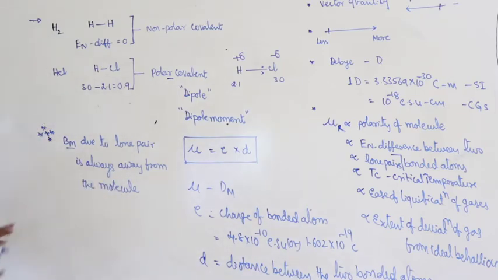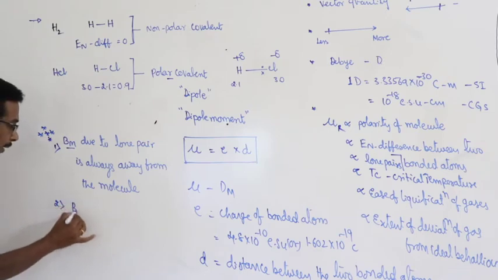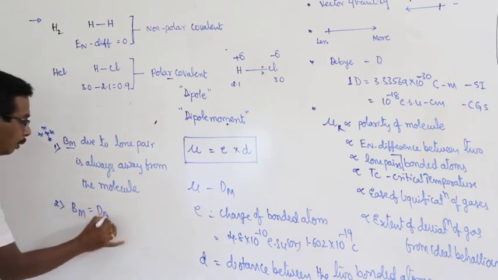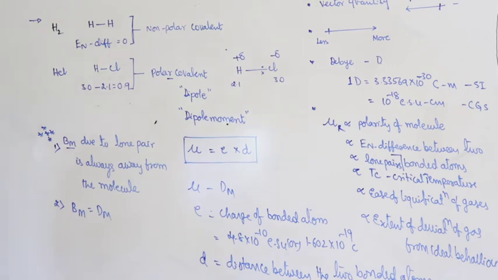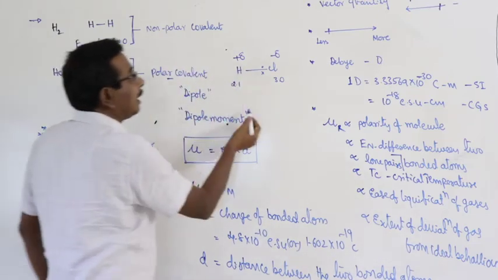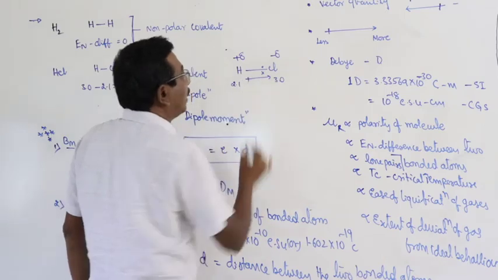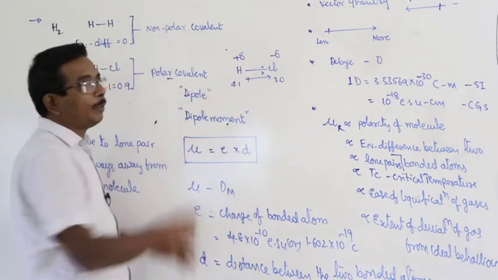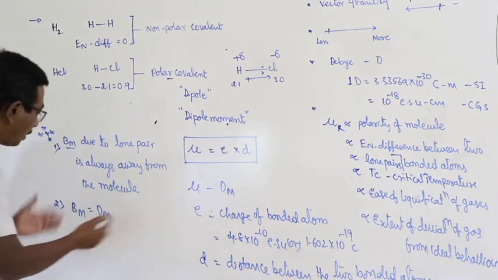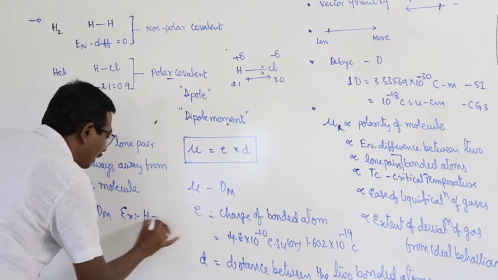Right? And second point, in a diatomic molecule, the bond moment is equal to dipole moment. Example HCl. In HCl, what about the direction of the dipole moment or bond moment? Towards chlorine. How many bond moments are there? Only one bond moment. That bond moment is equal to dipole moment. Here I am taking another example, HF.